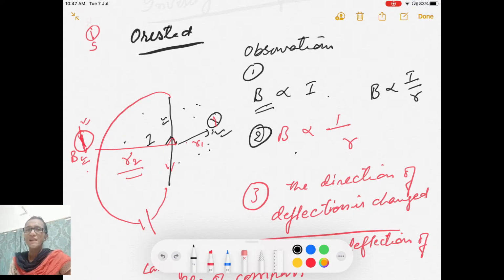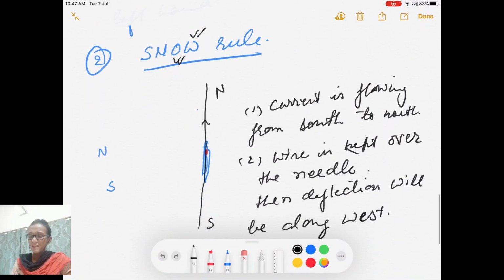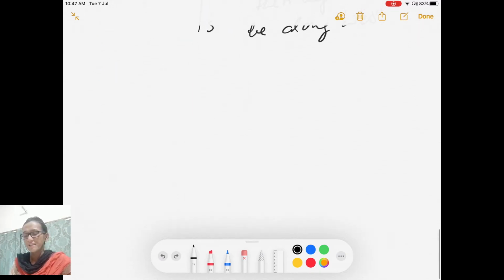So two things only are there: a field, the field strength, and the force it applies on any other magnet or any moving charge. Because moving charge, current, is nothing but a magnet. So these two things, field and force, we are to study in this chapter. So the next topic is magnetic field due to a current carrying conductor.